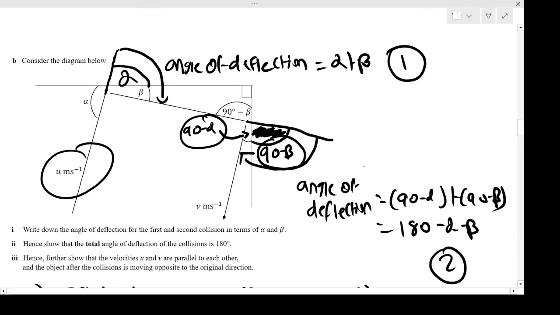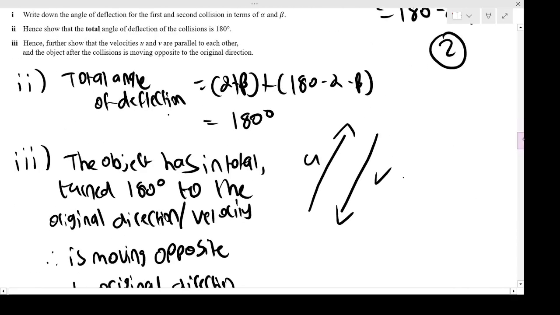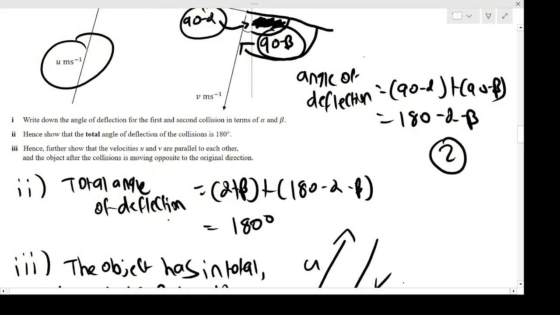So again, with questions like this, they basically don't give any explanation, so I've decided to split up the process here, right? In essence, if you want to show anything about the direction of something or the path of something, or if you want to show the velocities are parallel, the main idea is you want to consider the total angle deflection.